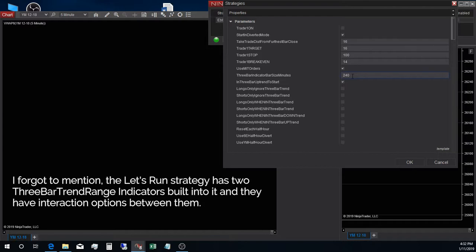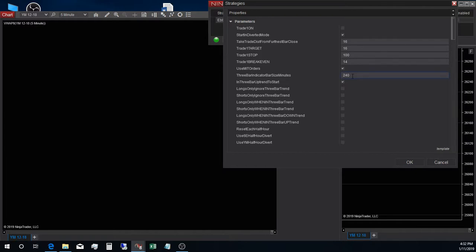And the reason we chose 240 minutes is because this is a real high volatility time period that we're testing, December of 2018. And we want to have a larger 3-bar trend range happening during that kind of a time period.